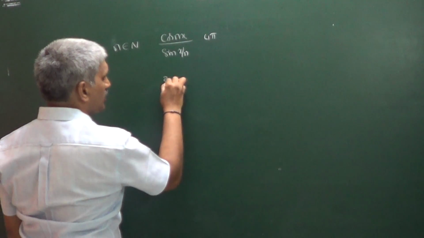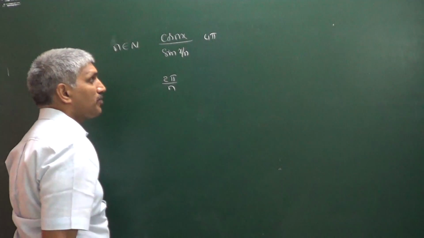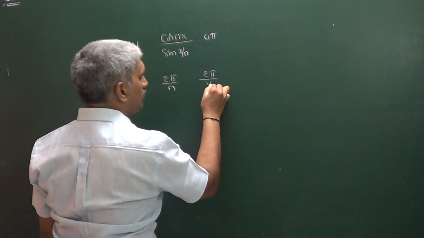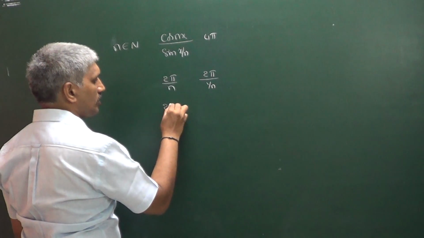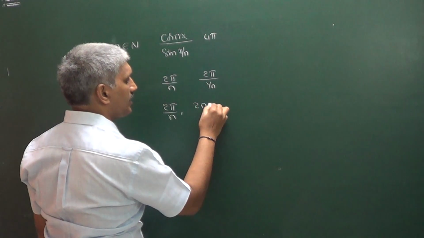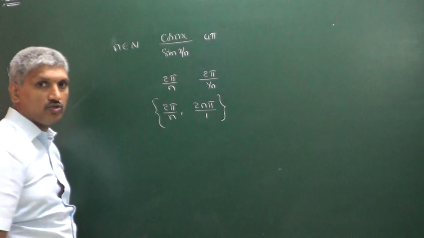Numerator is a periodic function with period 2 pi by n. Denominator is also a periodic function with period 2 pi divided by 1 by n. Now I can write this as 2 pi by n, comma, 2n pi divided by 1. Now we have to find out the LCM of these two.